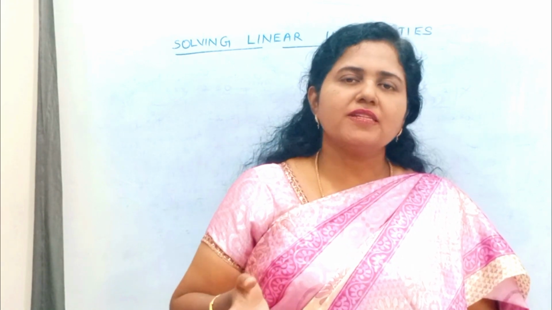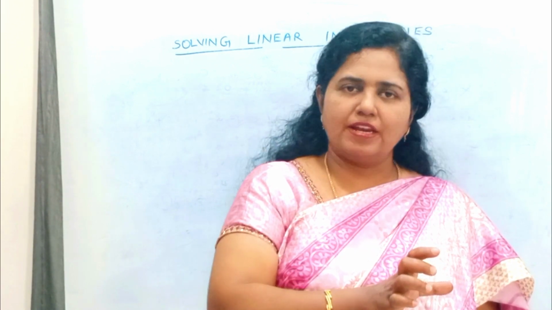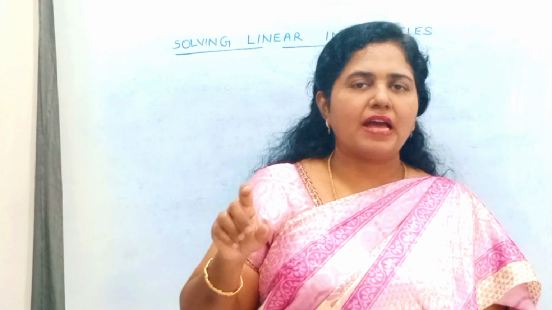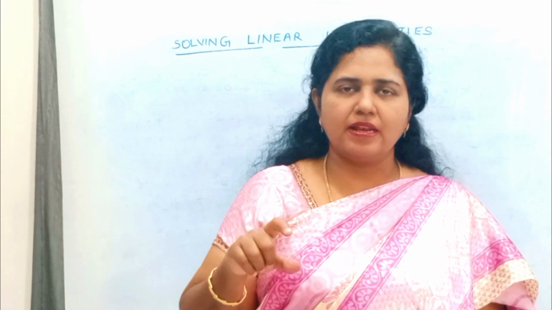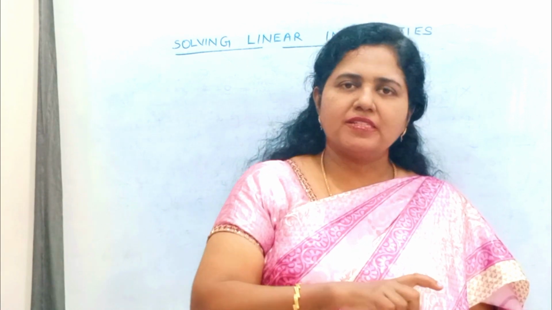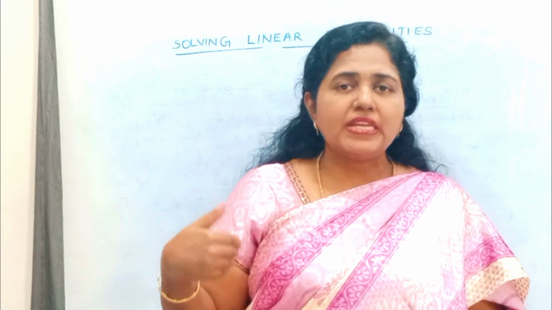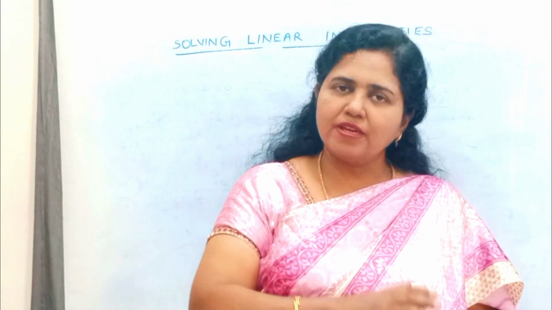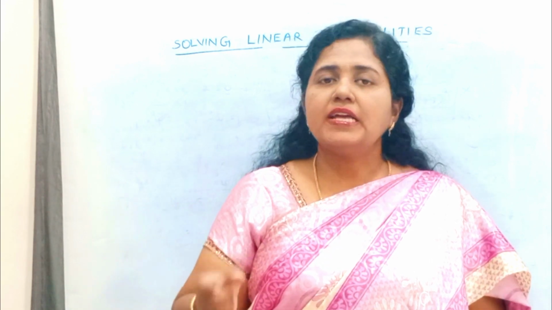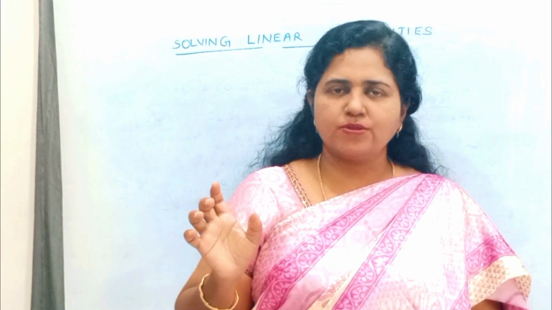So when we are considering a normal equation, we will be having some expression on the left hand side and some expression on the right hand side, and we will be having an equal to sign in the middle. So the equation means that the expression on the left hand side is equal to the expression on the right hand side. Coming to an inequality, we will be having an expression on the left hand side, an expression on the right hand side, and in the middle we will not be having a perfect equal to sign.